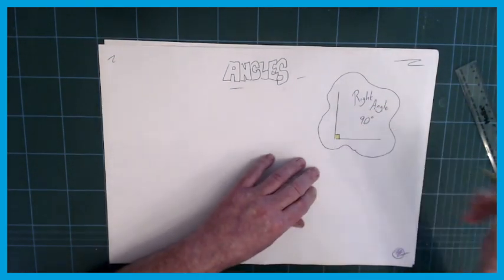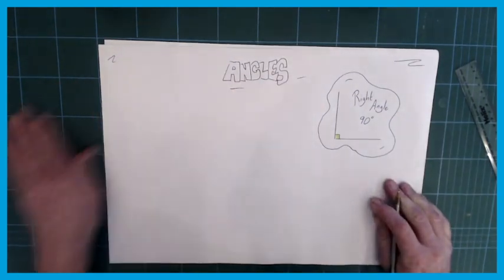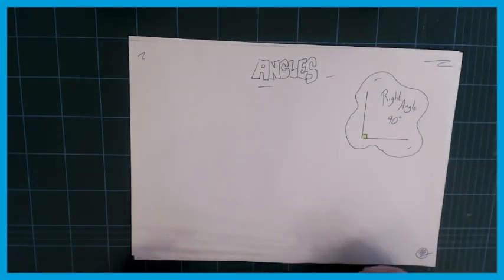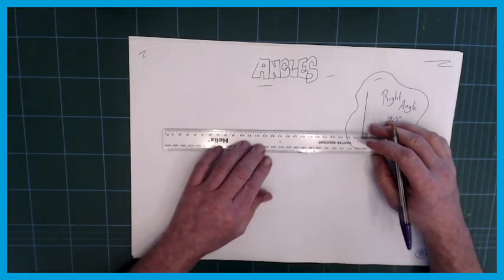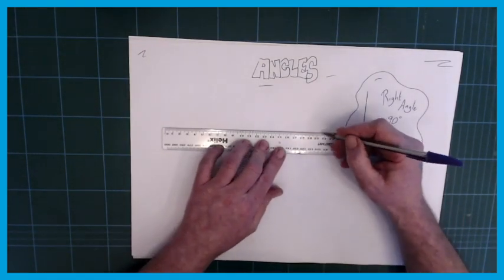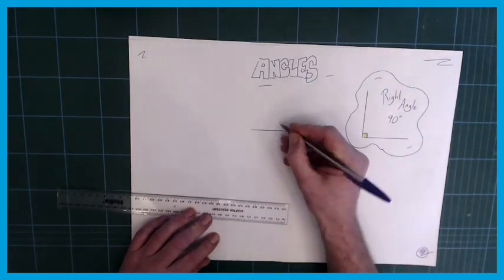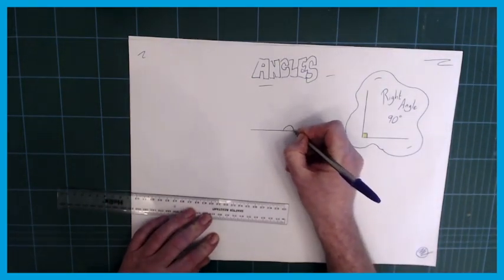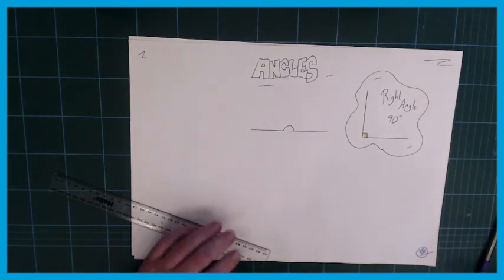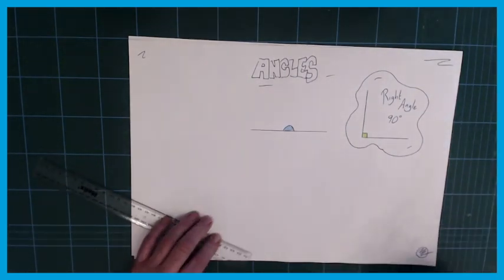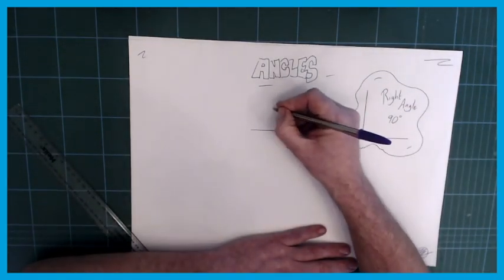Then we look at another angle, and people don't really think this is an angle, but it is one. So I'm just going to draw it. And that is a straight line.